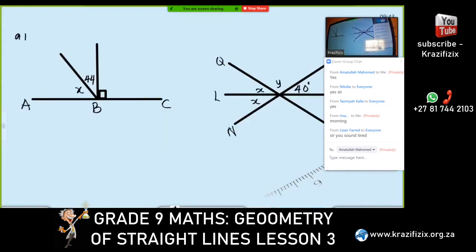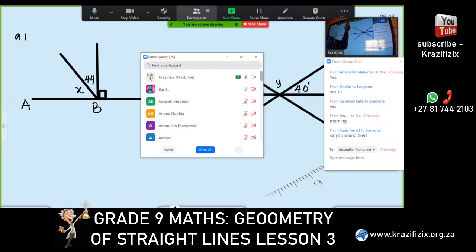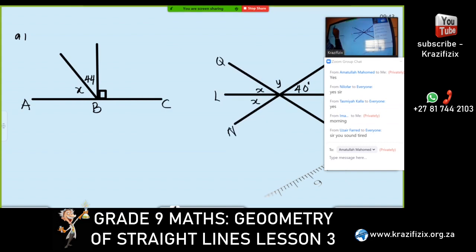Here's the first question that we had. The question says, if you remember, calculate the value of the angles indicated by small letters. It is important that you always know that in geometry we must always give a statement and a reason.